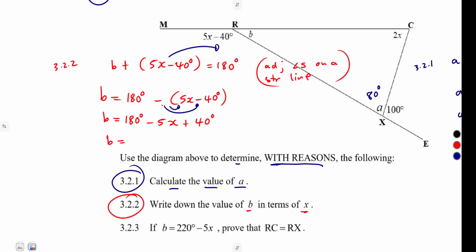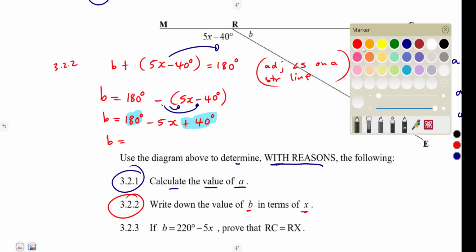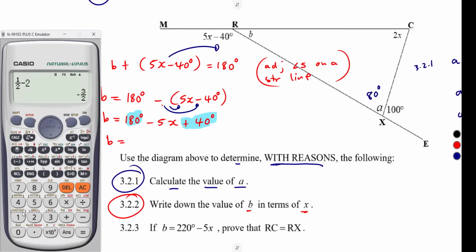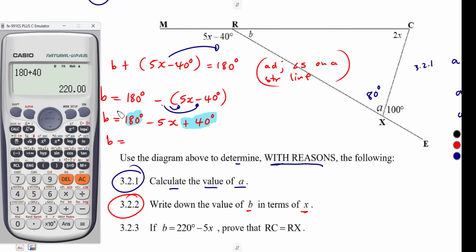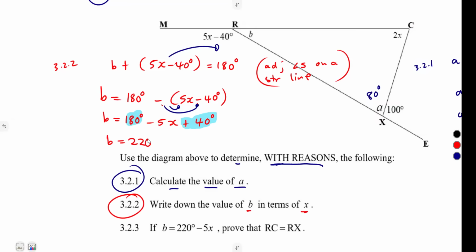To find B, consider the like terms: add 180 plus 40 degrees, which gives us 220 degrees, minus 5x. That's an expression in terms of x. So that's our angle B.